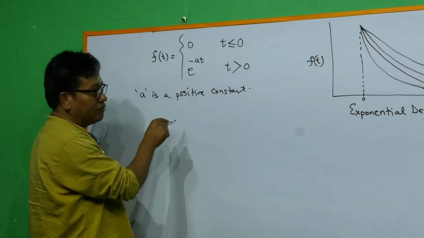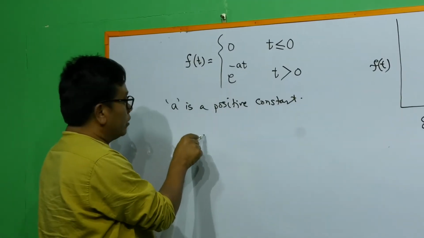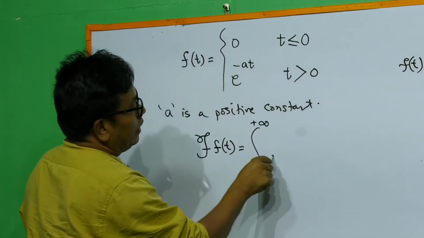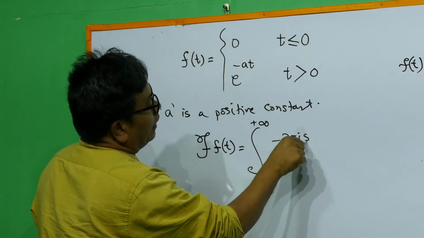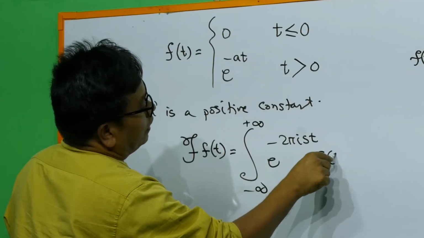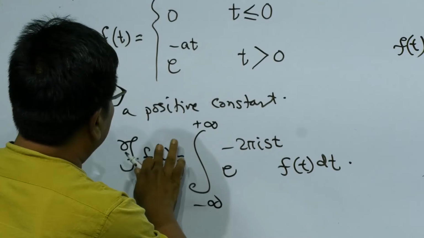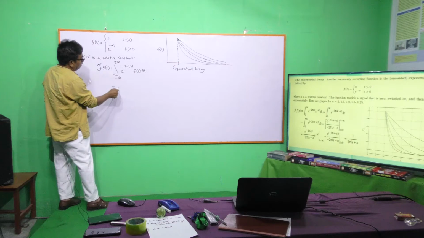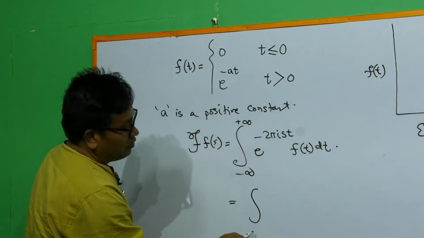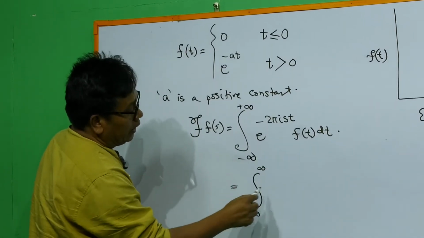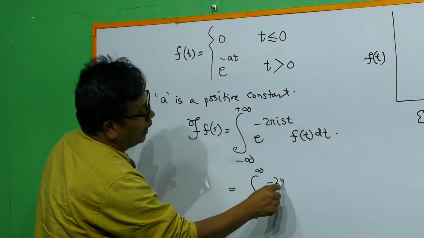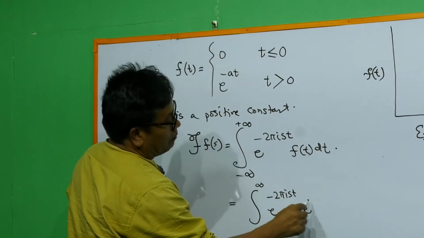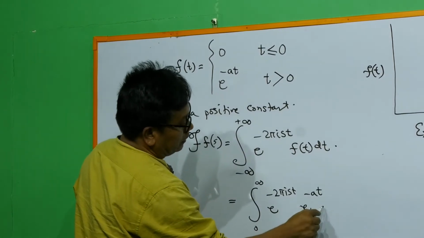If I take the Fourier transform of this decay function, it will look like the integral from minus infinity to plus infinity of e power minus 2 pi i s t, times f of t, dt. This is the Fourier transform of the function. Now, with the limits from 0 to infinity, this will be e power minus 2 pi i s t, then e power minus a t, dt.